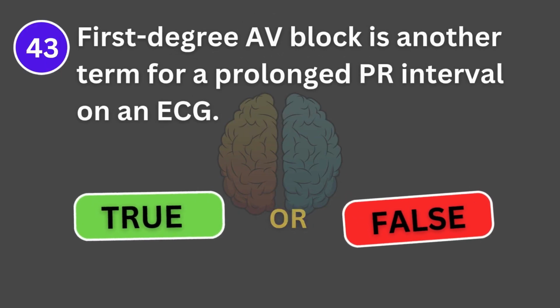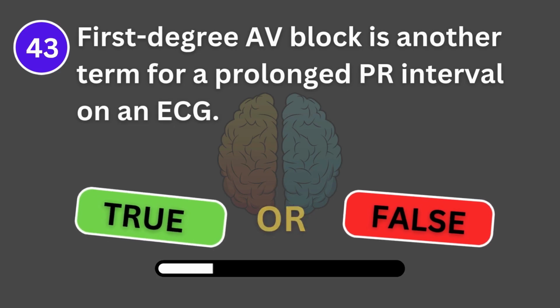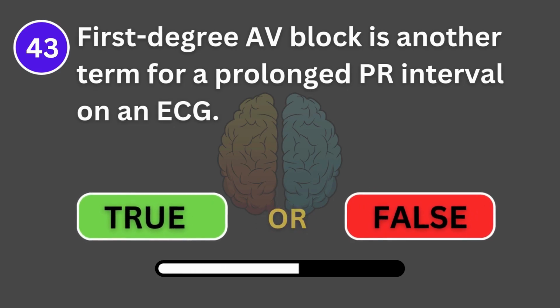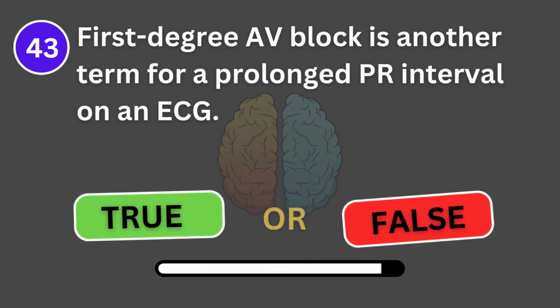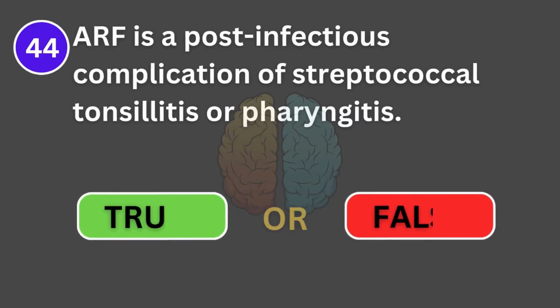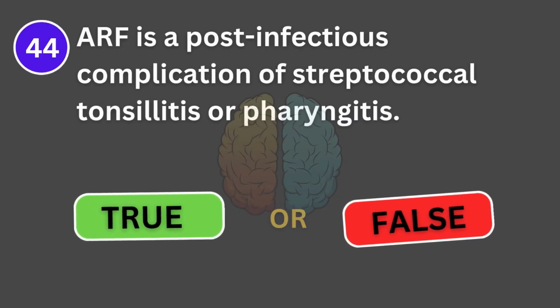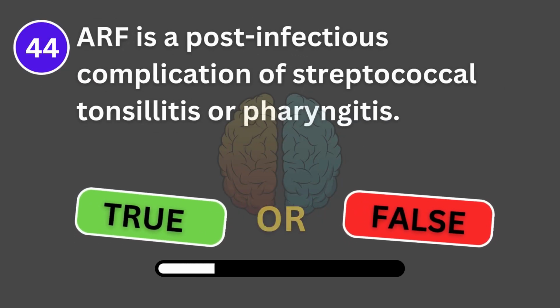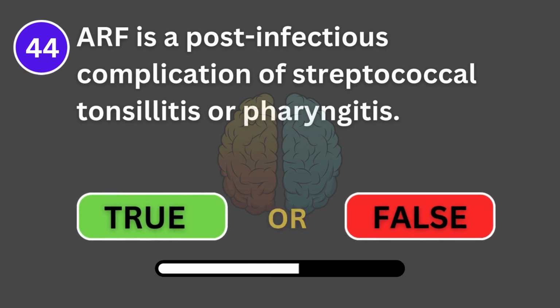First-degree AV block is another term for a prolonged PR interval on an ECG. ARF is a post-infectious complication of streptococcal tonsillitis or pharyngitis.